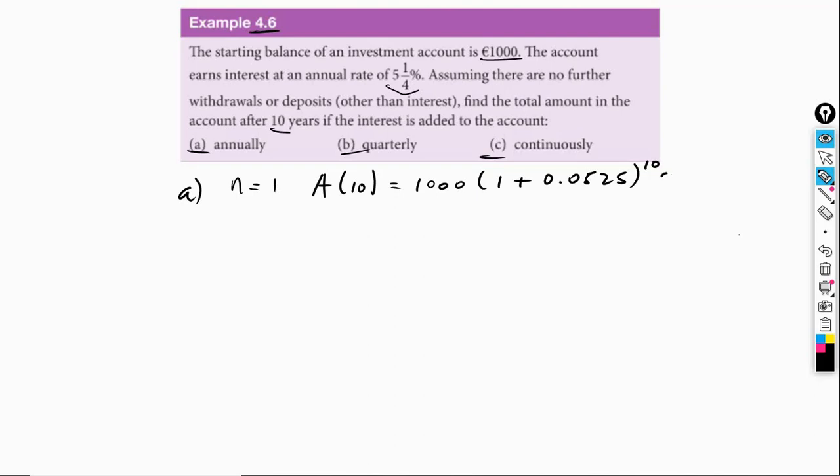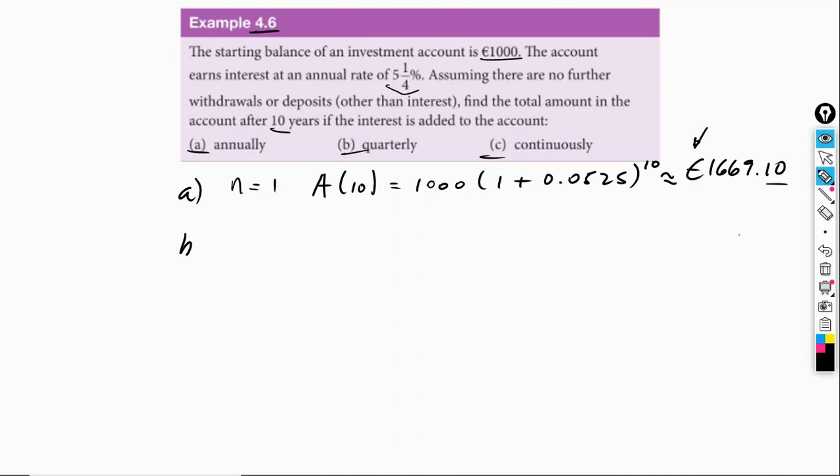So this is going to be approximately, if you plug it into the calculator, 1,669.10 euros. Now remember that in these answers for questions regarding money, you need to have the right currency and you need to round to 2 decimal places.